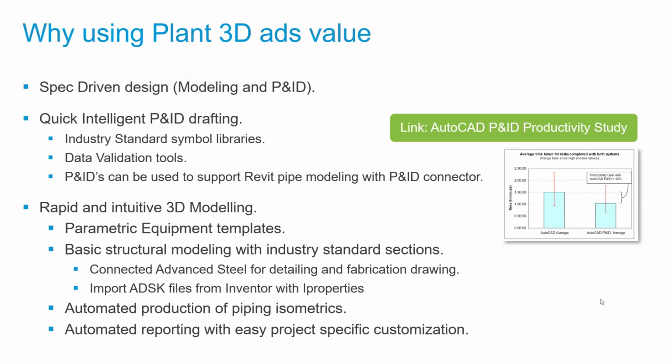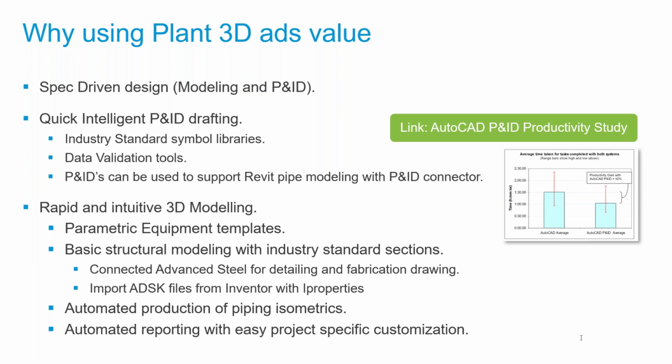You have validation tools, so you can validate what you do. You can use, as we said, the latest connection between Revit and P&ID to streamline the process and take benefit from Revit. And it's very intuitive and rapid in terms of modeling.